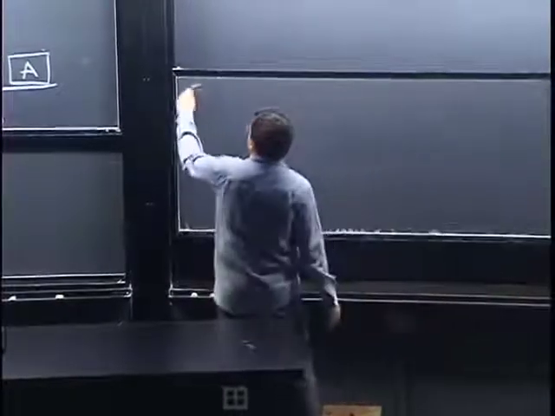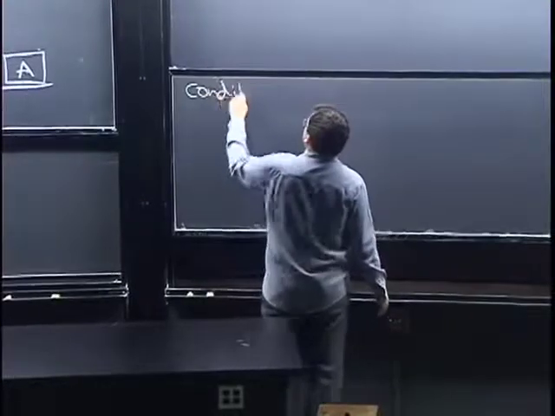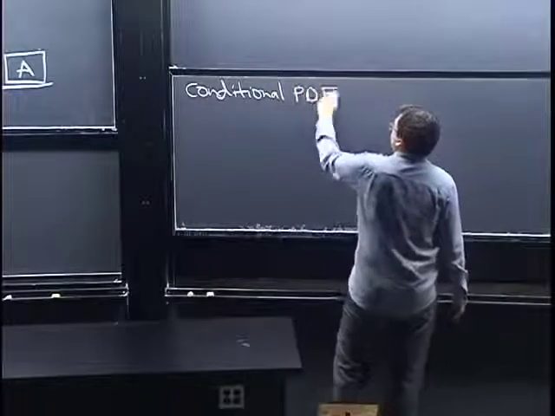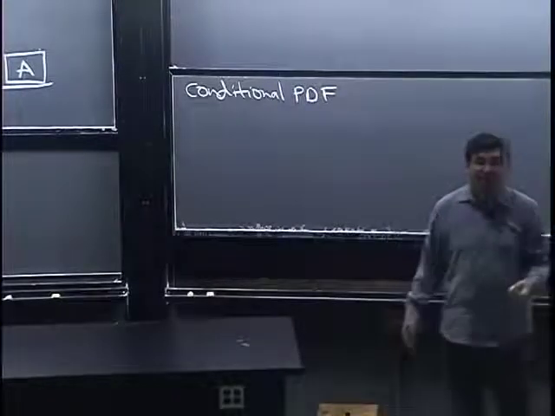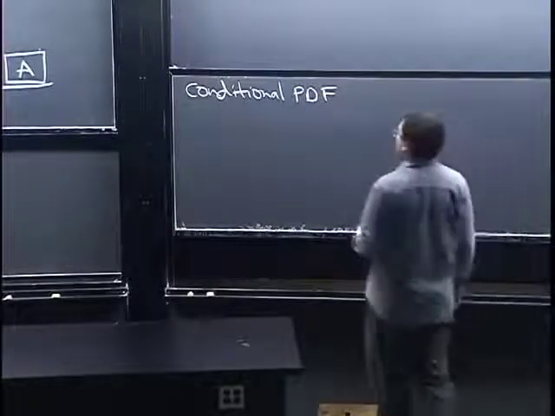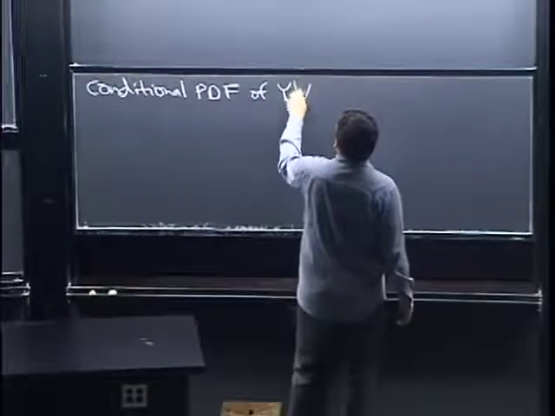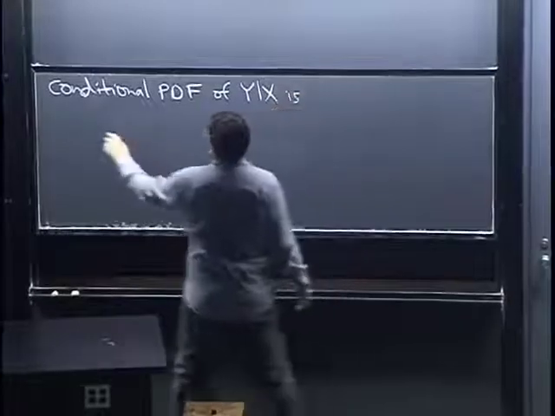Let's do the conditional distribution. So we want the conditional PDF. And this should be easy to understand and remember because it's analogous to conditioning we've done before. So let's say we want the conditional PDF of y given x. Well, we would just write that as f.